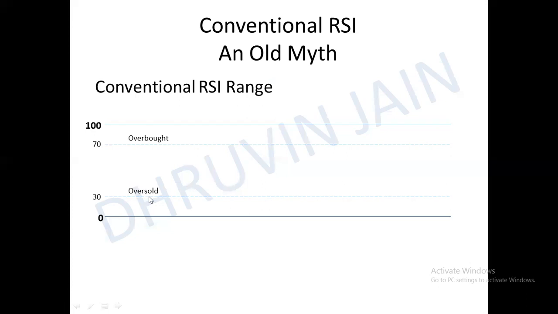RSI nowadays too is used in this manner. It is used mostly for taking divergences into account, for counter trend trading. I have seen most people who don't know Andrew Cardwell's way of using RSI.